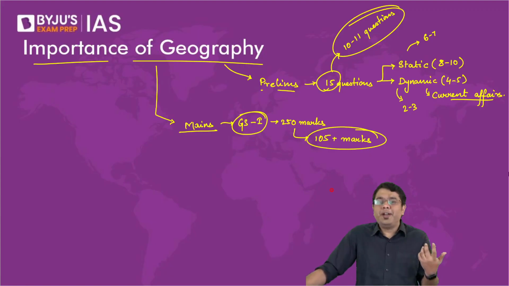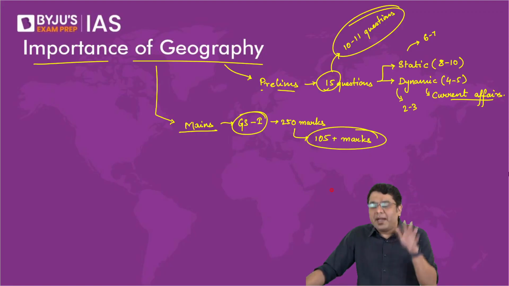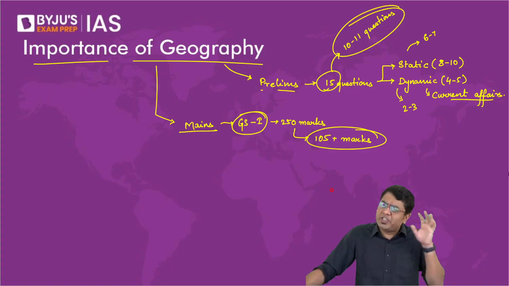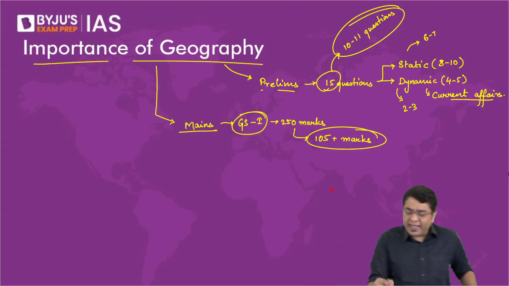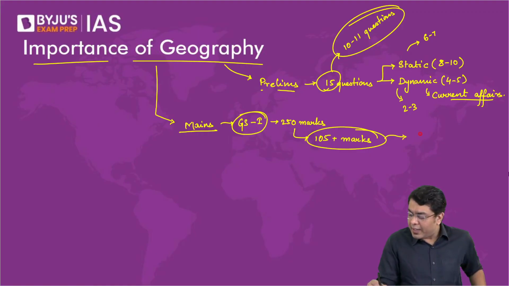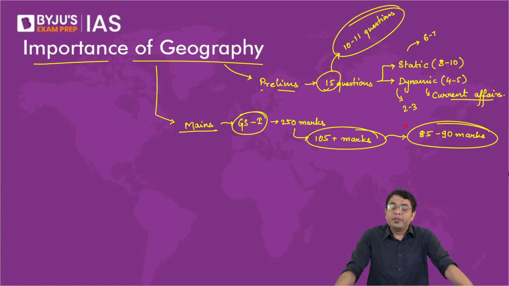Then the rest of it depends upon the level of content that you have indicated, the amount of presentation that you have excelled in, your time management, etc. But even if you have got the ability to approach around 90 marks easily out of the PPT, our discussion and current affairs, that is more than sufficient to give you an edge in GS paper 1, which is otherwise a low scoring area. So out of 105 plus, around 85 to 90 marks. Okay, so that is where we will be working.